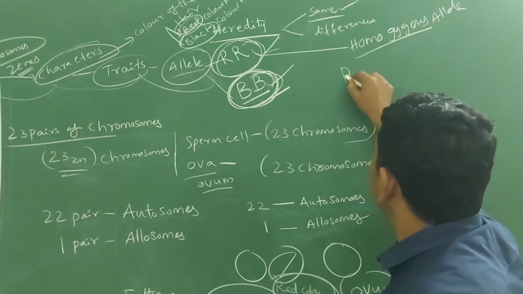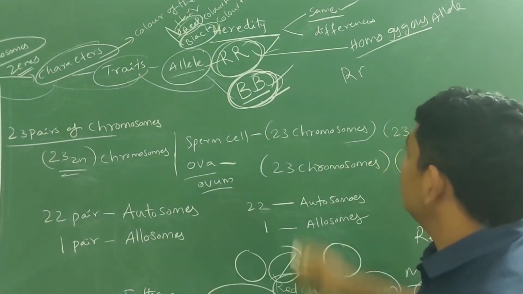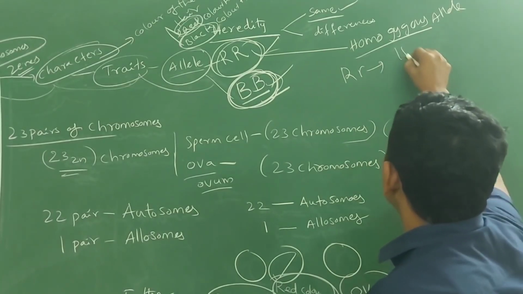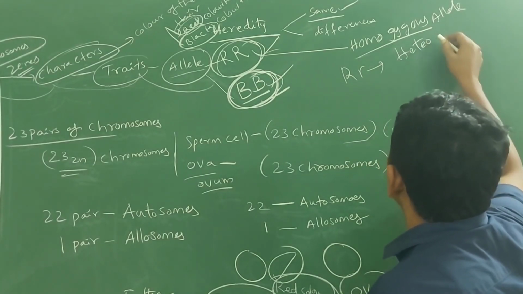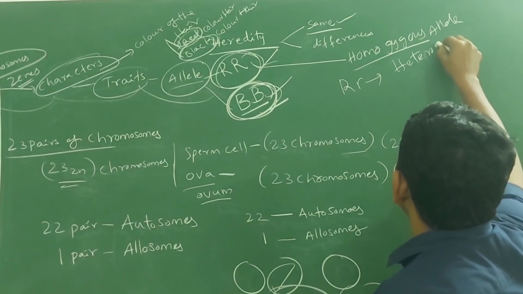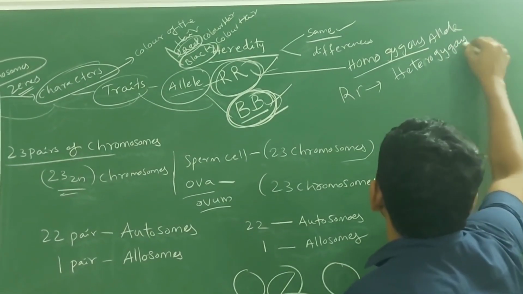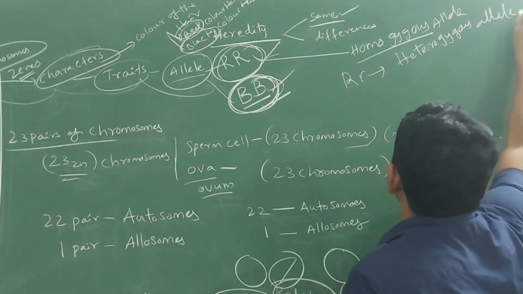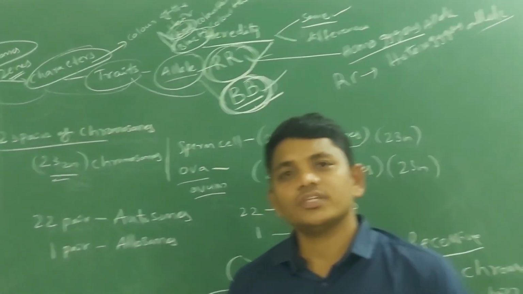If I represent Rr, this is called a heterozygous allele.